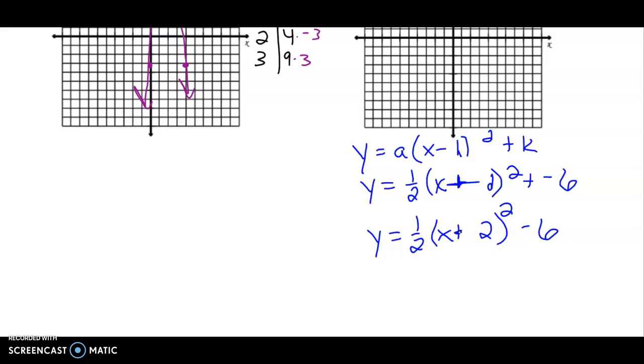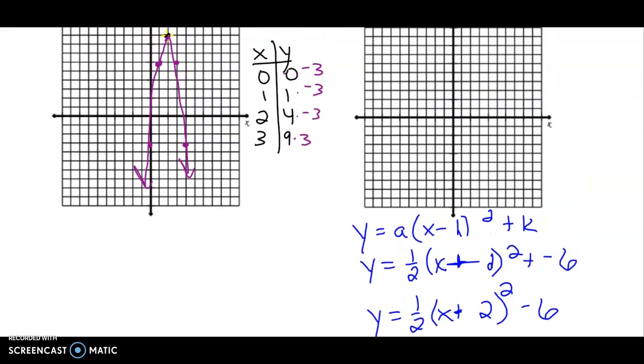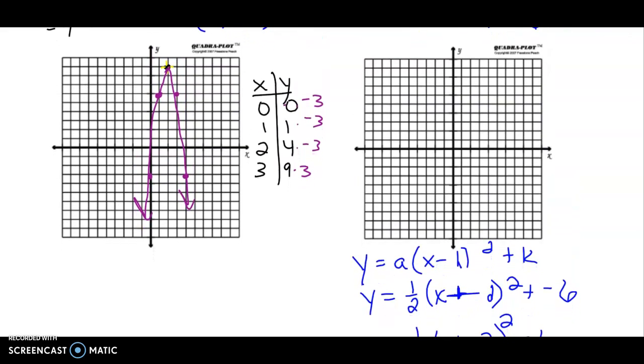So your starting point would be that vertex, -2, -6, with a vertical stretch of 1/2. So we go -2, -1, 2, 3, 4, 5, 6. And then again, normally our points would be 0, 0, 1, 1. 2 squared is 4, 3 squared is 9, 4 squared 16, 5 squared 25. I'm going to be able to go up quite a bit on this one because we're cutting each of these points in half.